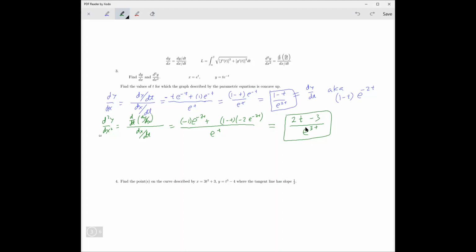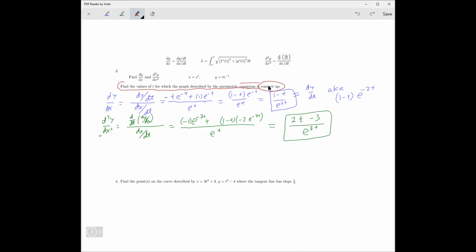Okay, so there's your second derivative right there. Or again, you could write it in this form if you wanted, 2t minus 3 times e to the -3t. Then this part right here says find values of t for which the graph is concave up.